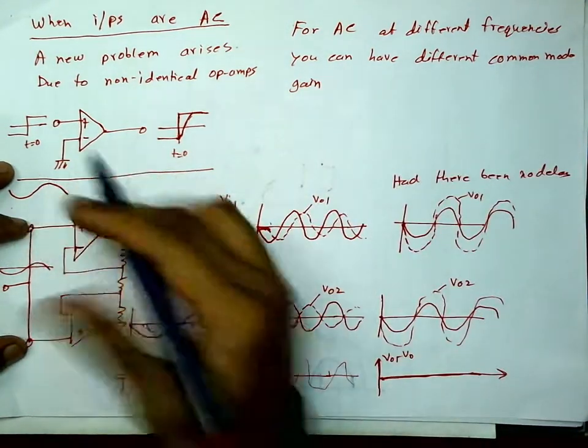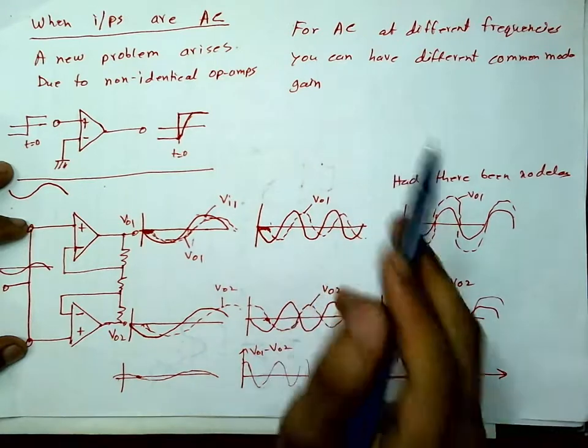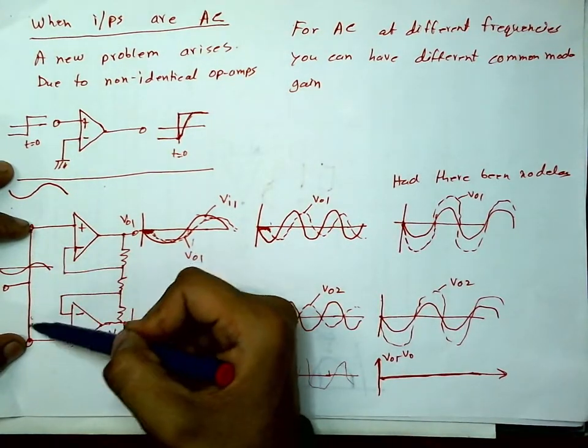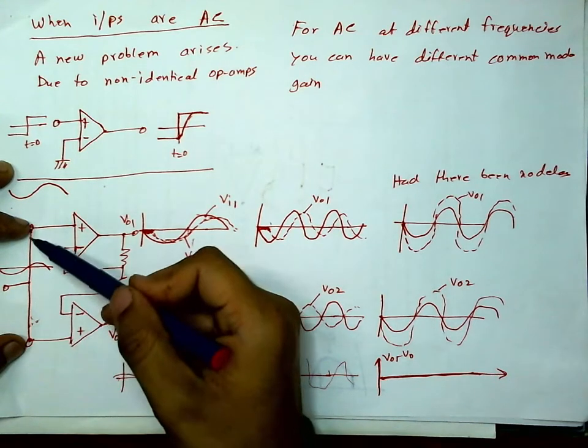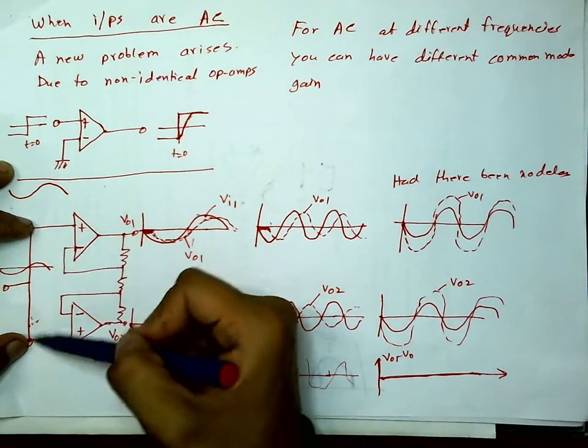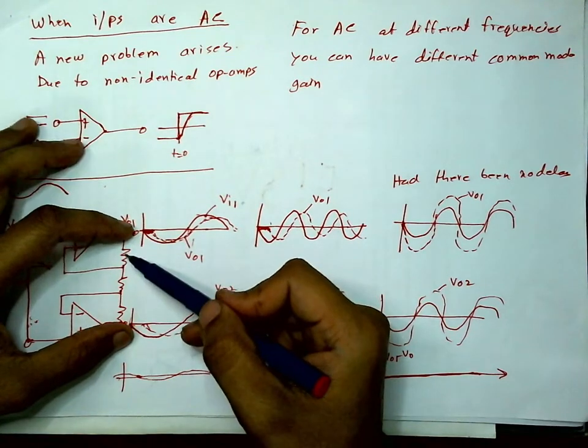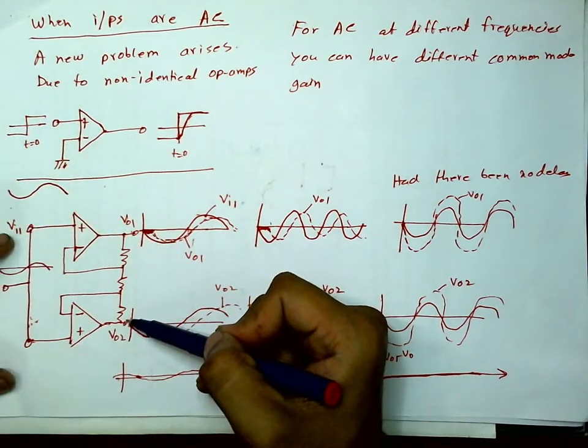I mean, if I just listen to this, this is interesting. If I give the same voltage here, a slowly varying voltage, and the same voltage is here, ideally I should have the same voltage between these 2 points. So the difference between them should be 0.